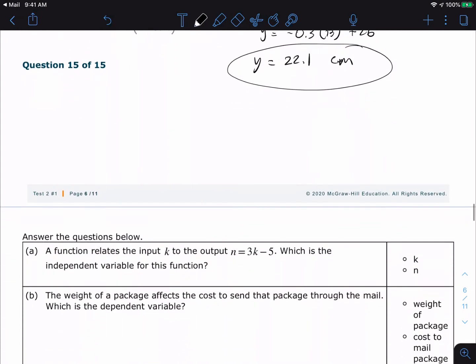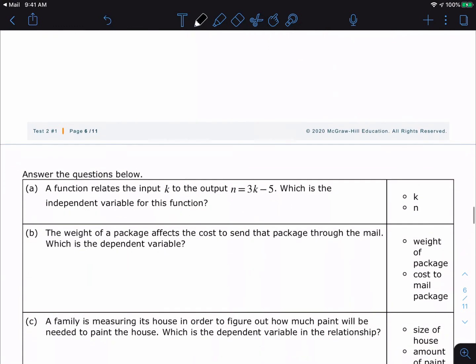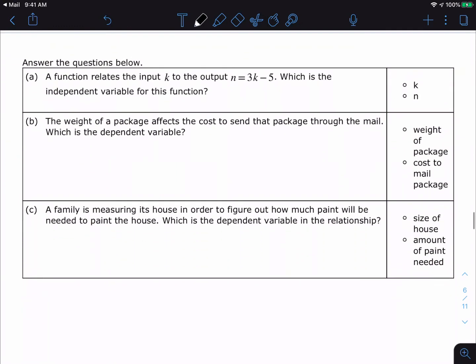Okay. And then number 15. It says a function relates the input k to the output n is equal to 3k minus 5. Which is the independent variable here?